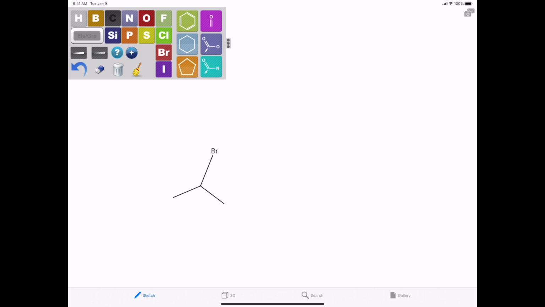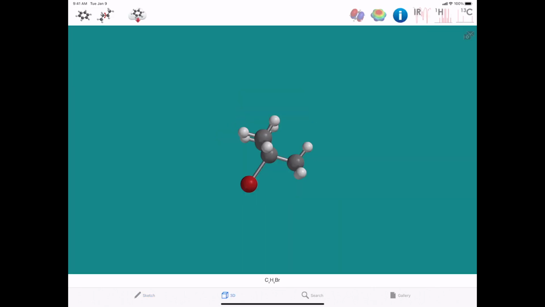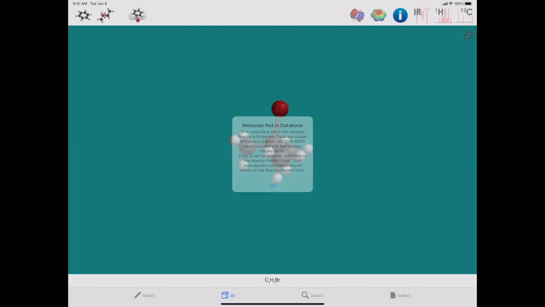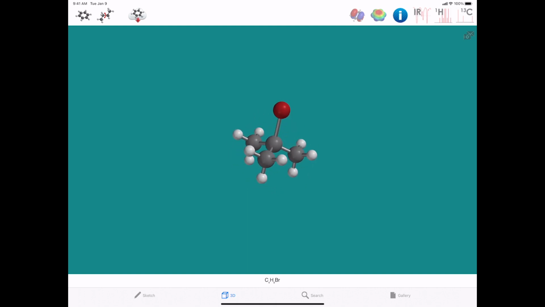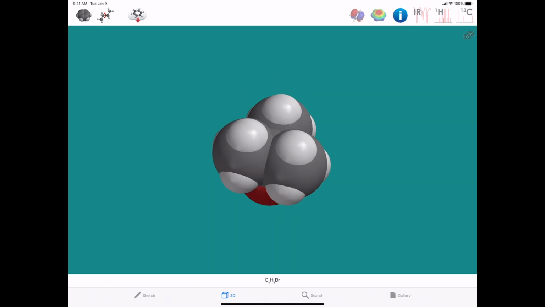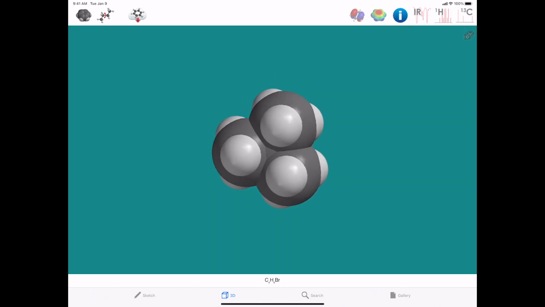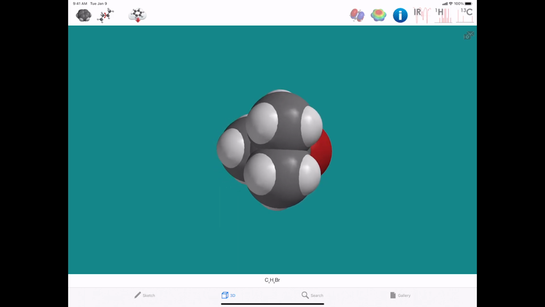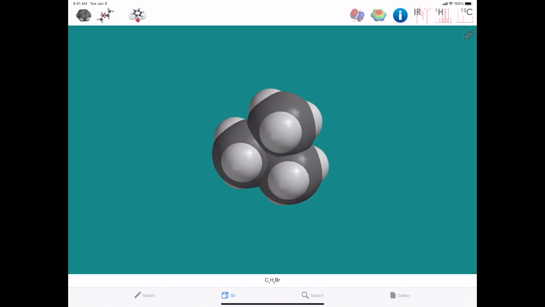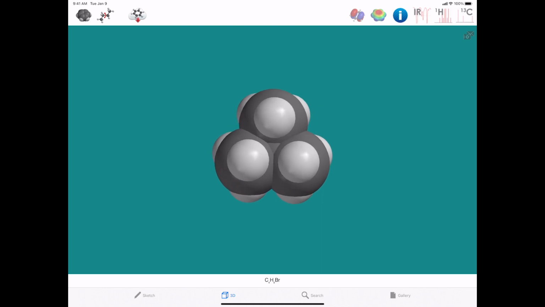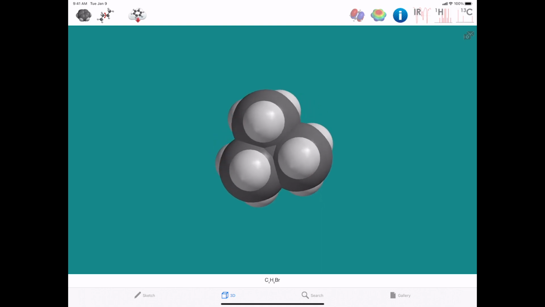And finally, we will see that by the time we get to the tertiary alkyl halide, this molecule is not in our database apparently. So we can't see the LUMO, it would be the carbon bromide sigma star. If we look at the space filling model, you can see that the little triangle there represents the amount of the alpha carbon, the one that's bonded to the leaving group, that's accessible.